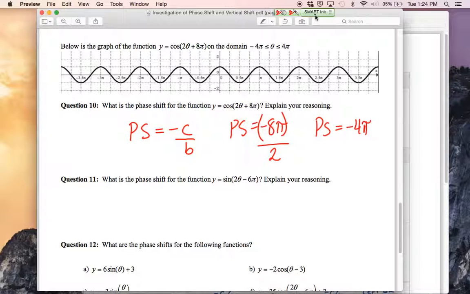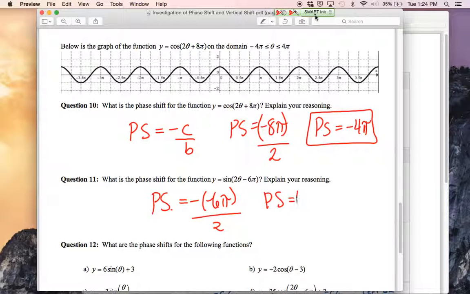So it's moving to the left 4 pi units. What is the phase shift for this function? Lots of kind of the same questions, so negative 6 pi divided by 2. So we get phase shift is 6 pi over 2, phase shift is 3 pi. So it's going to take the function and move it to the right 3 pi units.